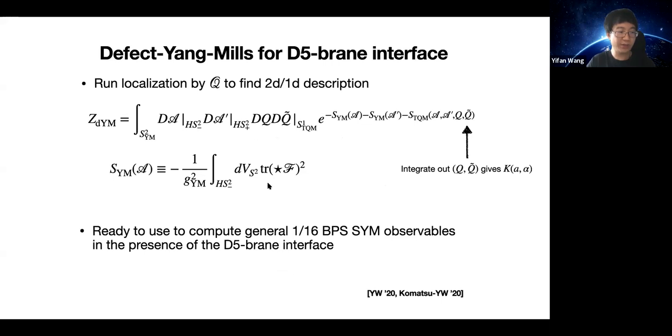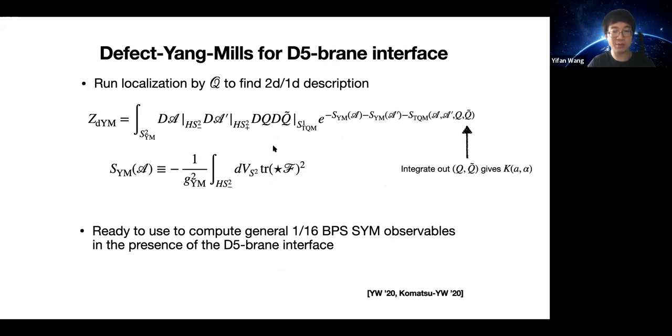And with this construction, you can run this with the setup that manifestly preserves supercharge Q. You can just run the localization procedure. And what one discovers is an effective 2D-1D path integral that captures this sector. The 2D-1D path integral involves some 2D degrees of freedom, which are this A and curly A and curly A prime, which are the 2D gauge fields that live on the two hemispheres.